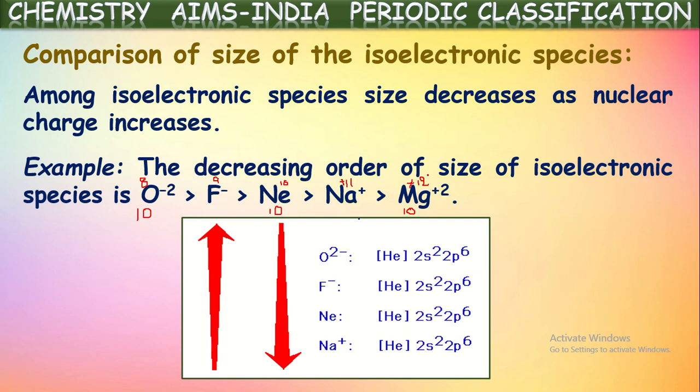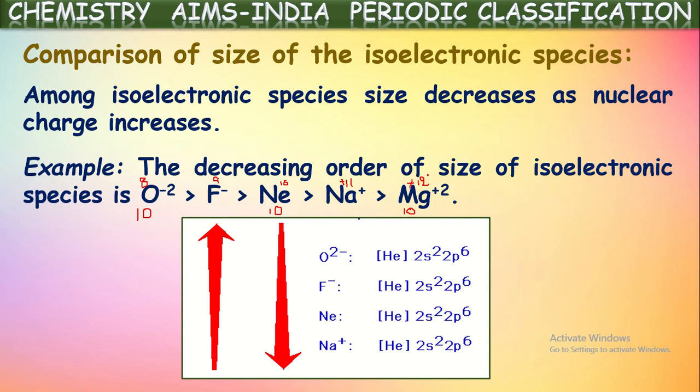As it has greater nuclear charge, it can attract the electrons towards it more than the remaining all. And hence, size will be less for this magnesium plus 2 ion. So simply we can say this, as the nuclear charge increases, size decreases among the isoelectronic species.